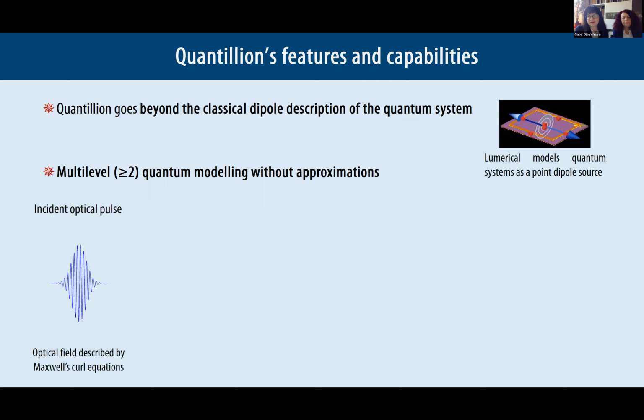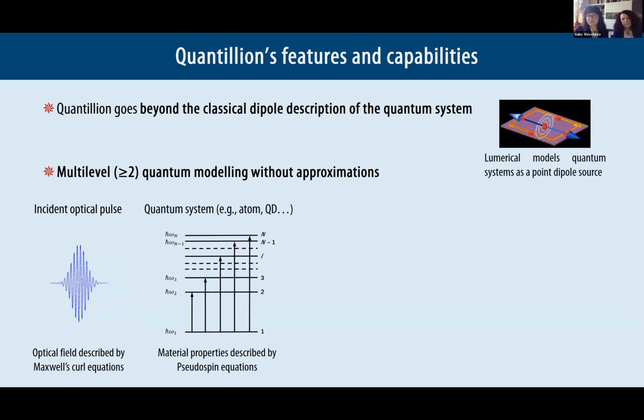In addition, Quantillion performs exact calculations and does not make use of any approximations, be it rotating wave, slowly varying envelope, or paraxial approximations. Input pulses and their propagation are modeled using Maxwell's curl equations.